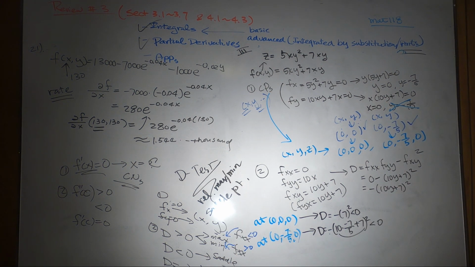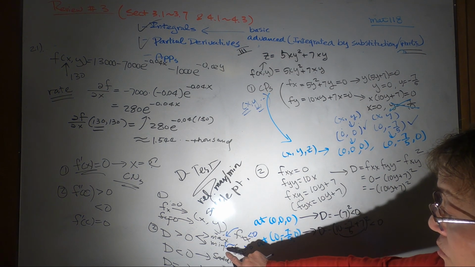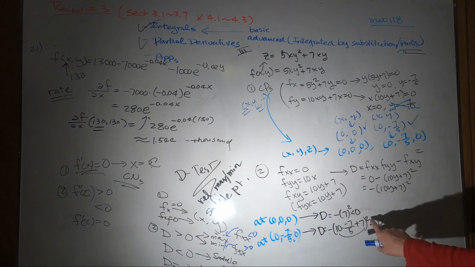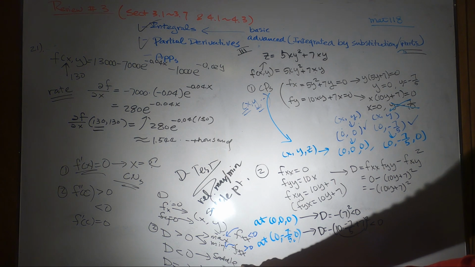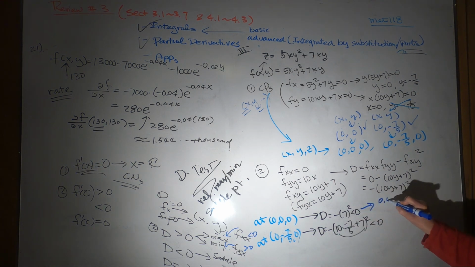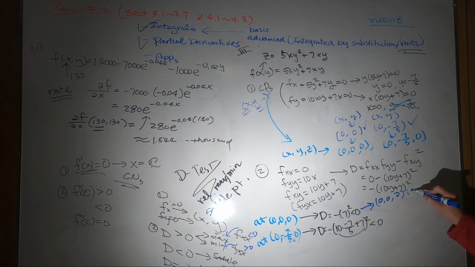That's on your page 97. However, for this one, both D are less than 0. That means it's a saddle point. So 0, 0, 0 is a saddle point.